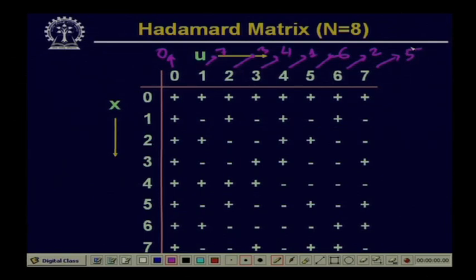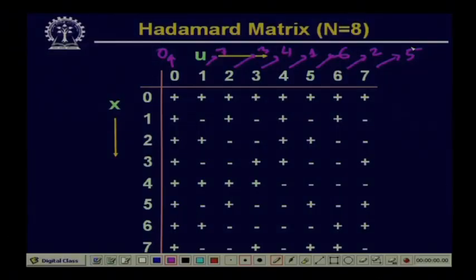If I define the number of sign changes along a particular column as the sequency, it is similar to the concept of frequency in the discrete Fourier transformation or the discrete cosine transformation. So, in the case of the Hadamard matrix, we are defining the number of sign changes along a particular column, or for a particular value of u, as the sequency.